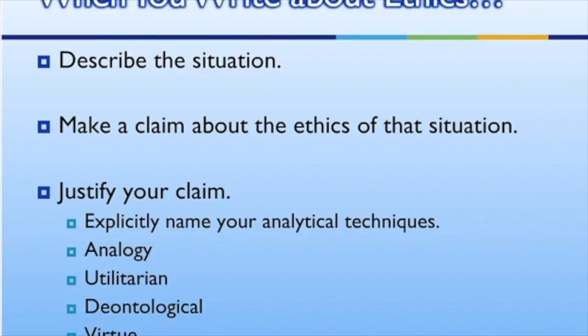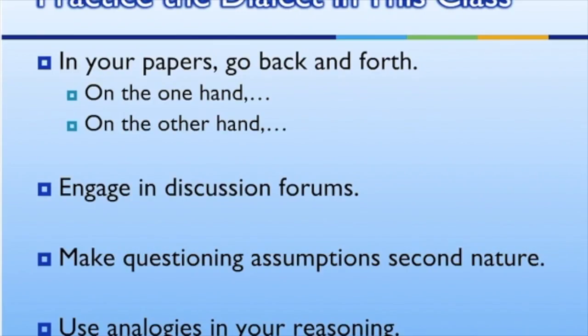You can use analogies, utilitarian analysis, deontological ideas, virtue ethics, and social contract ideas. Explicitly name what technique you're using, since in this class, many of you will just be starting to use those ideas. So in your papers, I want you to be doing this on the one hand, on the other hand, that dialectic back and forth.